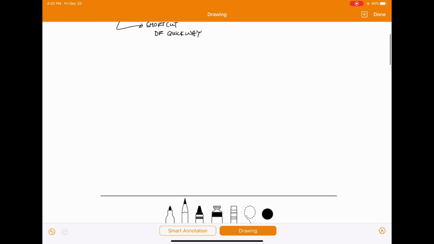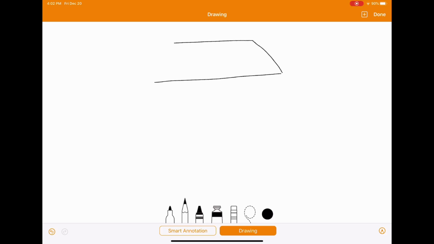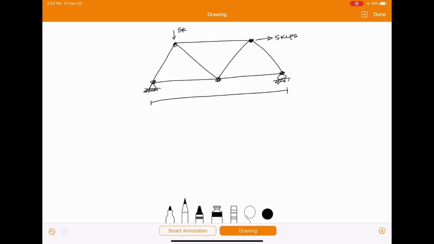So let's go ahead and look at an example of a truss. If we've got this guy right here, draw in the nodes, and we'll say it's pinned on this end, there's a roller on this end, we've got a vertical point load of 5 kips coming in here and a horizontal point load of 5 kips acting there, and put our dimensions.